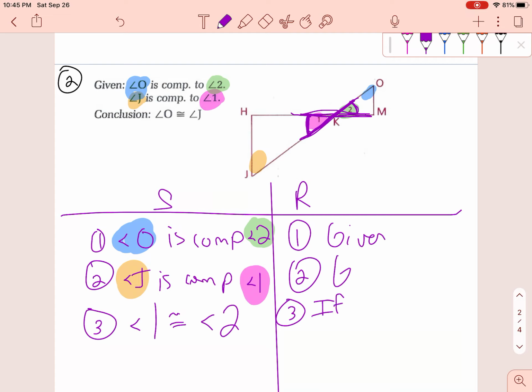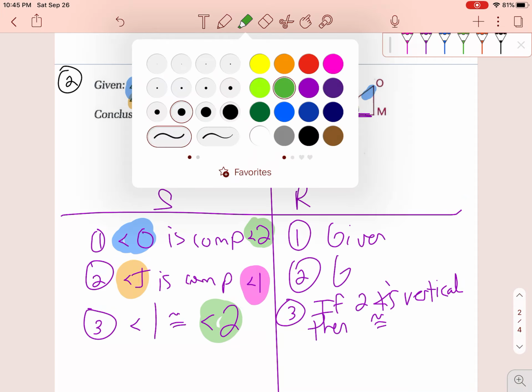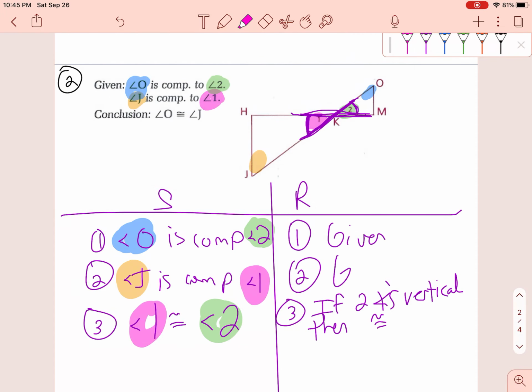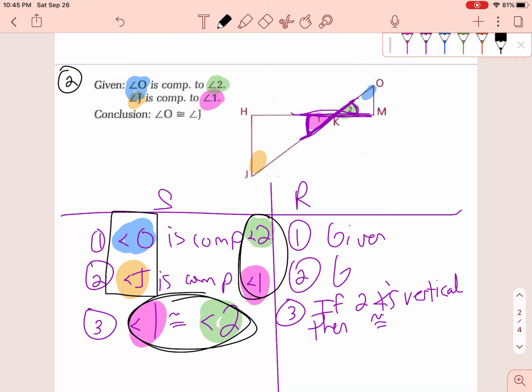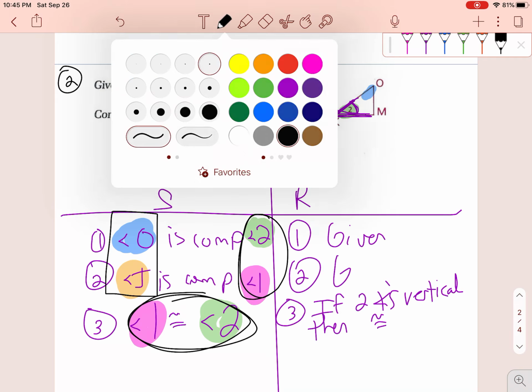And again, I'm going to say if two angles are vertical, then they are congruent. That means that if the pink and the green are equal, okay, so take a look right here. If these two are equal to each other, then that means that these two have to be equal to each other.